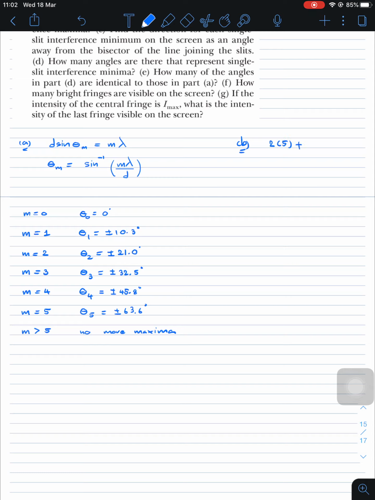Then we add the middle one, which is 0 degrees. So in total we have 11 angles.